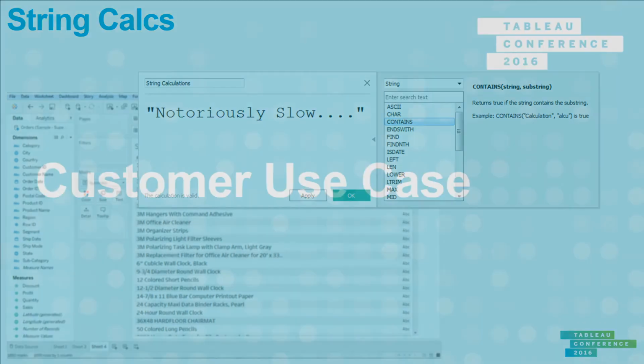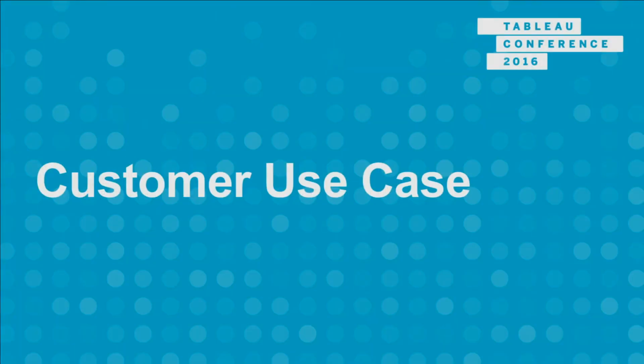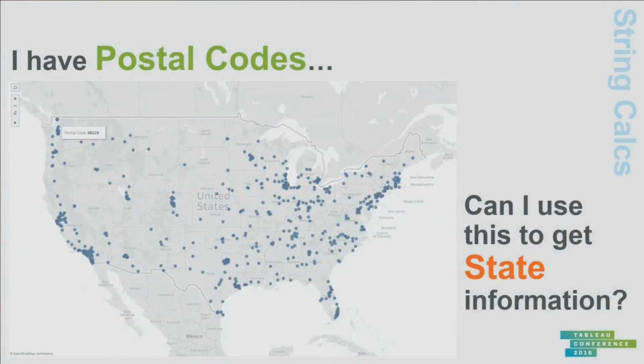So our first customer use case I saw was I had a customer who had postal codes coming from her data. She didn't really like this view of seeing everything together, and she wanted to be able to filter on her states in order to then get to a more granular level.